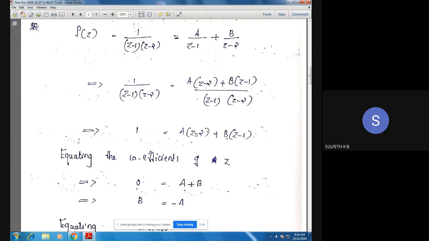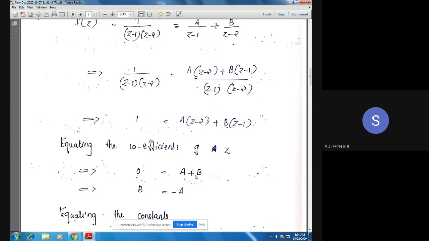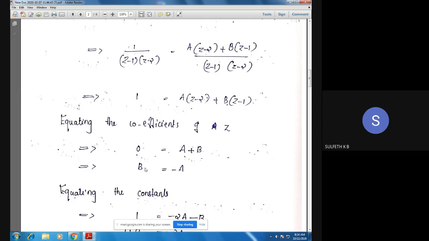Here the terms are Az plus Bz, therefore the coefficient of z is A plus B. Therefore, we get the equation 0 is equal to A plus B. Therefore, we can write B as minus A.